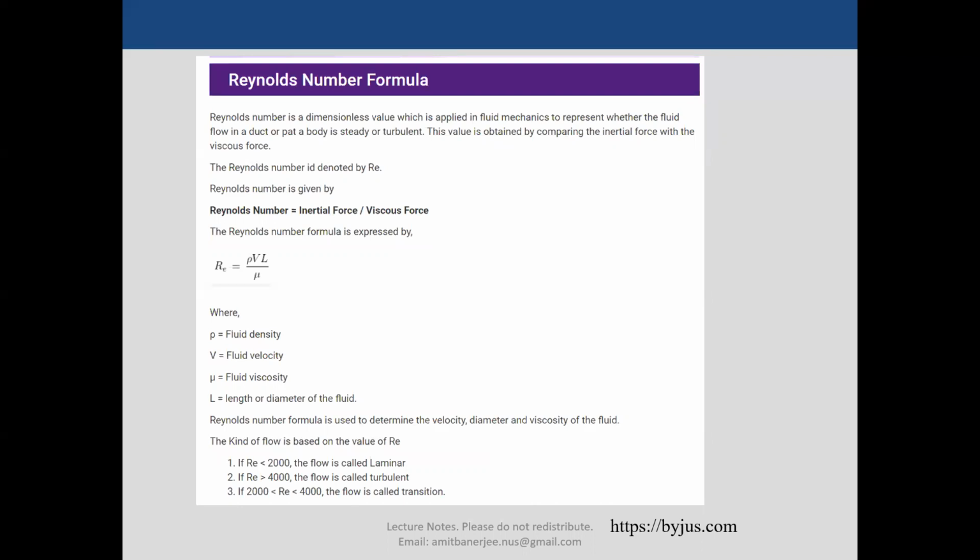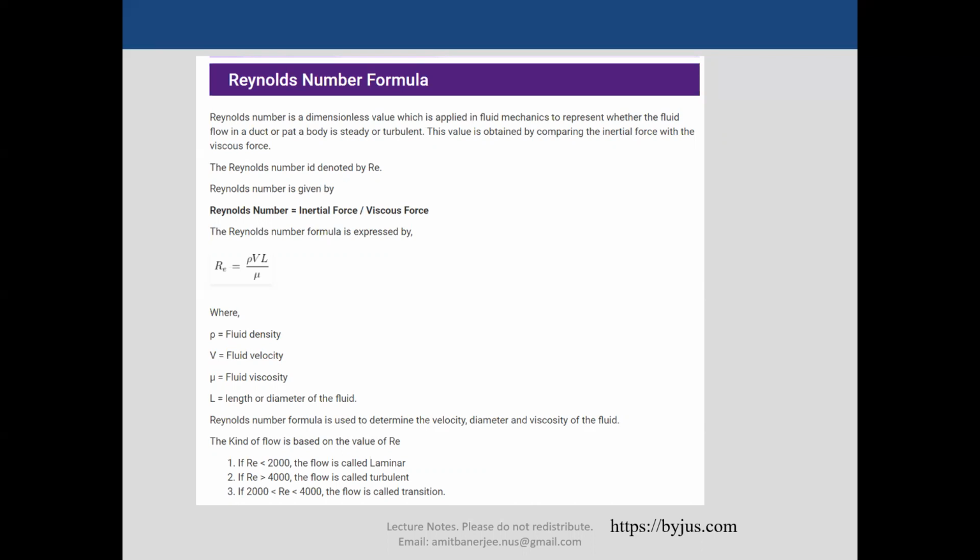Reynolds number is another concept that you will probably need for your practical. Reynolds number is a dimensionless value which is applied in fluid mechanics to represent whether the fluid flow in a duct or past a body is steady or turbulent. This value is obtained by comparing the inertial force with the viscous force.